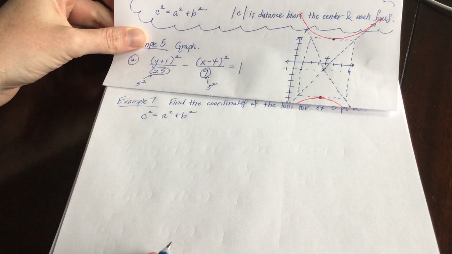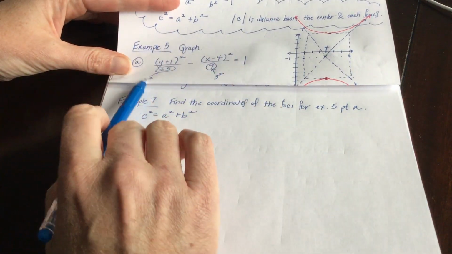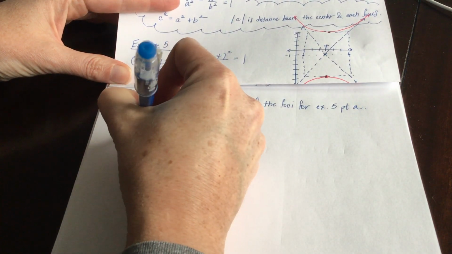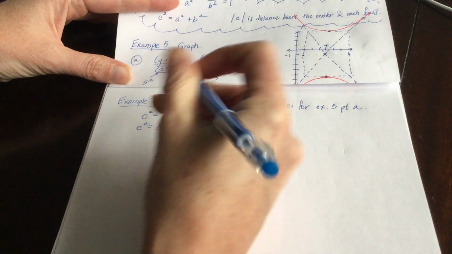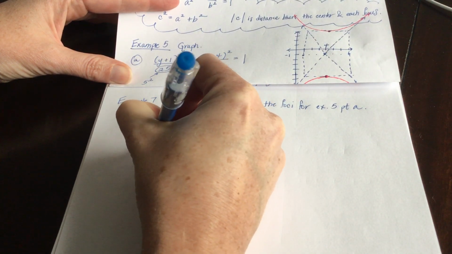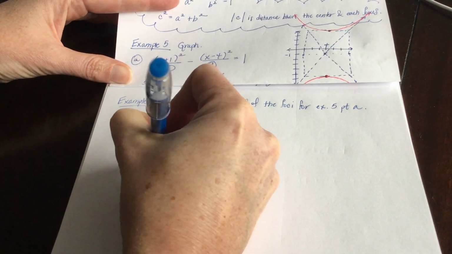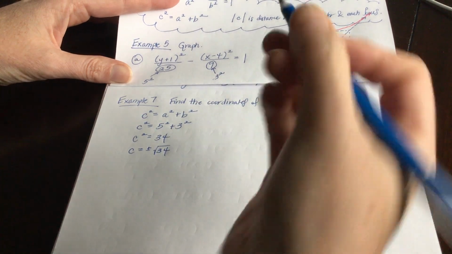So here is what we had for part A. So you could solve for c. 5² and 3² could go in either place. It doesn't really matter. So c² equals, sure, 5² plus 3². So c² is 34, I think. And so c would be plus or minus √34.